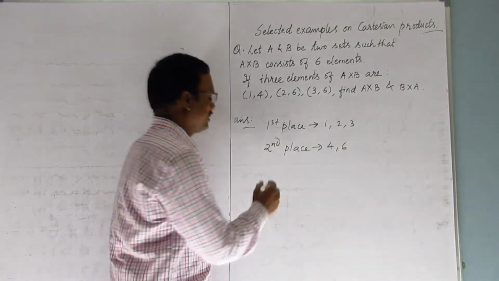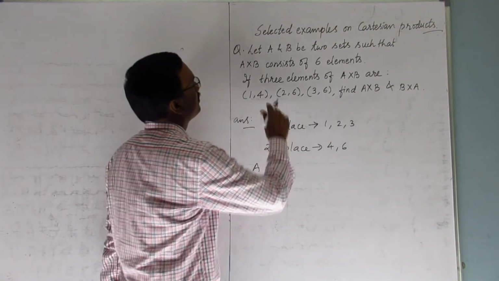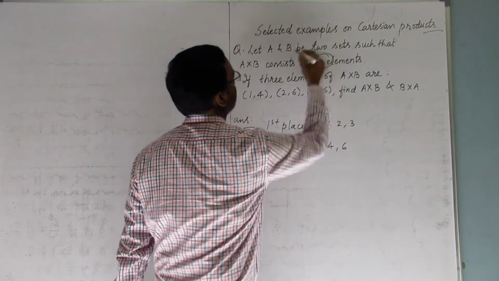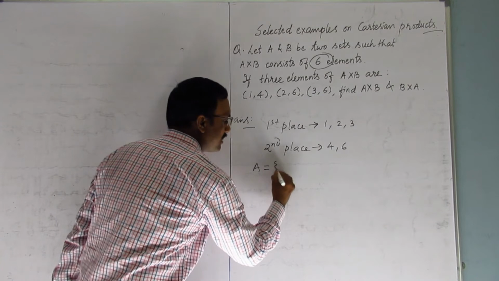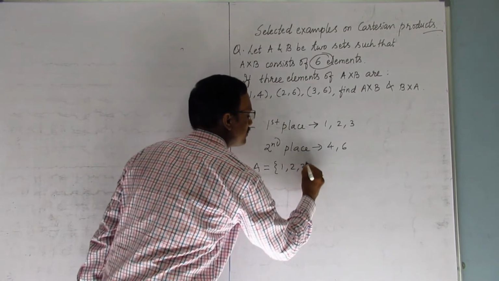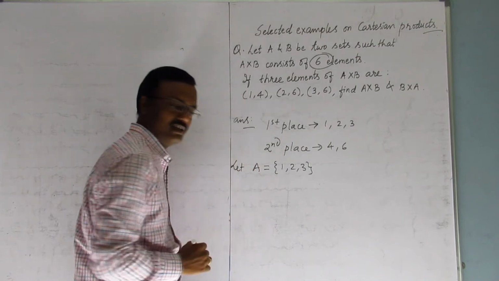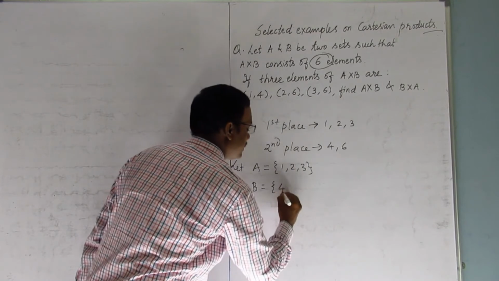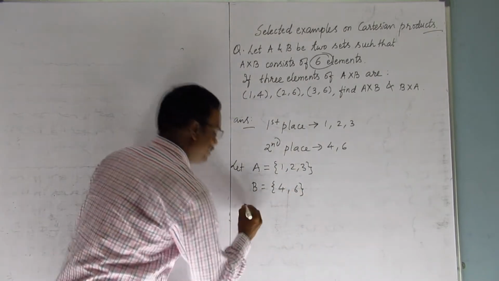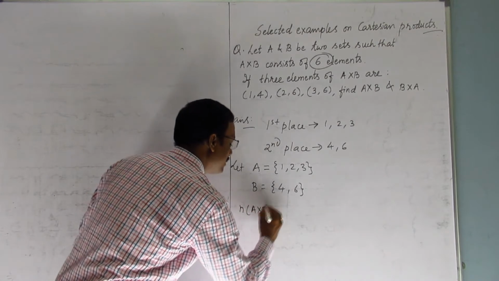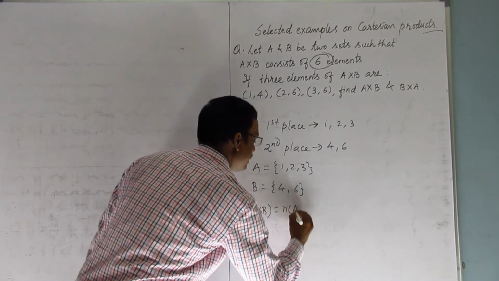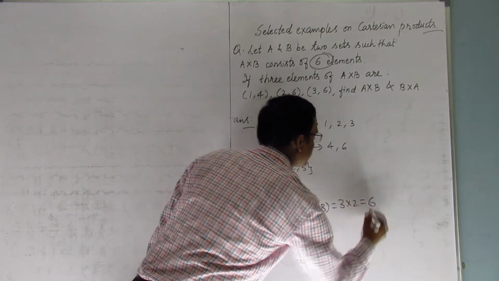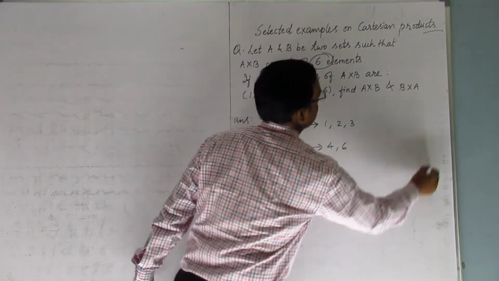Now we have to tally the situation with the condition that A × B consists of 6 elements. Let A be {1, 2, 3} and B be {4, 6}. The number of elements in A × B is the number of elements in A multiplied by the number of elements in B, that is 3 × 2 = 6, and that very well satisfies this situation.